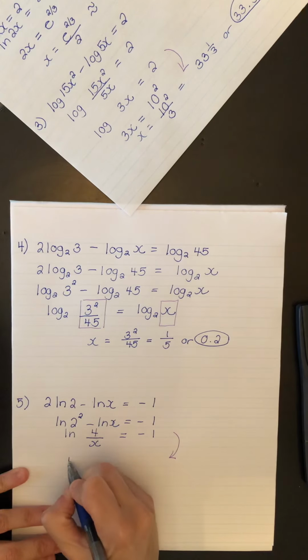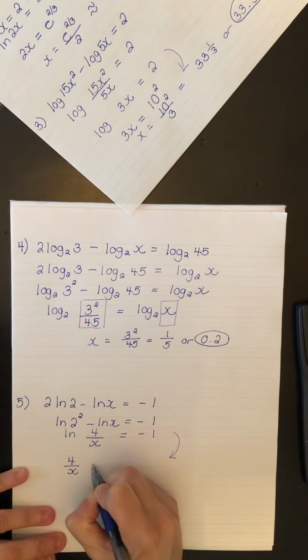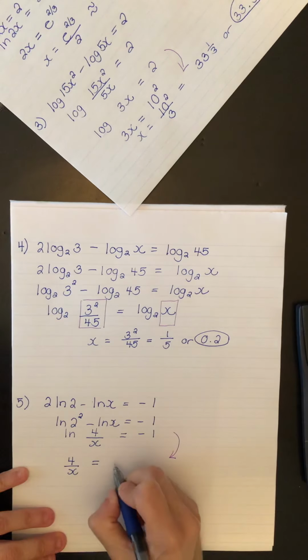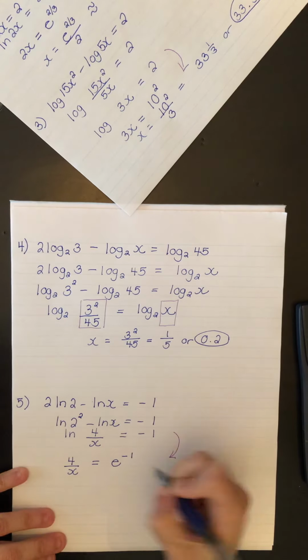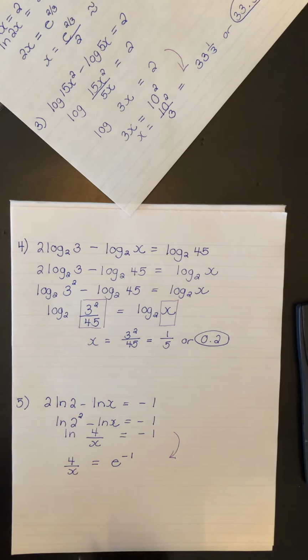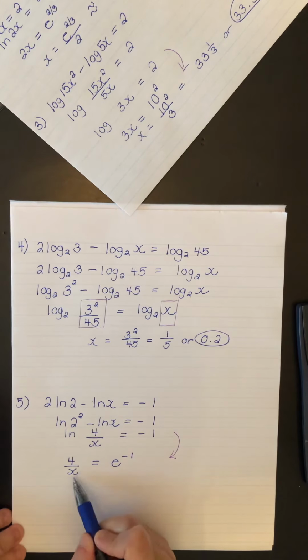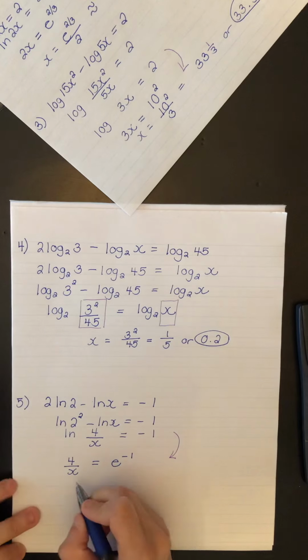Well, the argument is 4 over x. I have to set that equal to the base of e with an exponent of -1. So we have 4 over x is e to the -1. How do we solve this for x? Well, you might want to do this kind of cross multiplication first.